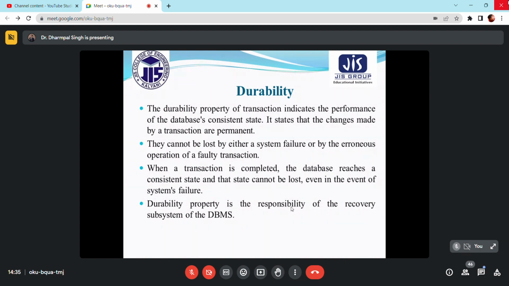They cannot be lost by either system failure or by erroneous operation of a faulty transaction. As I said, even after a failure, it cannot be lost.